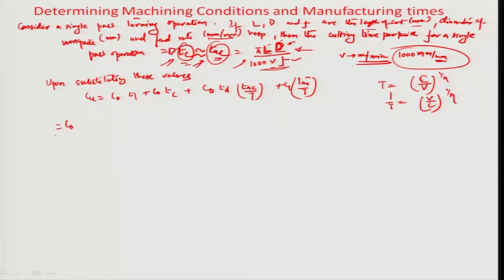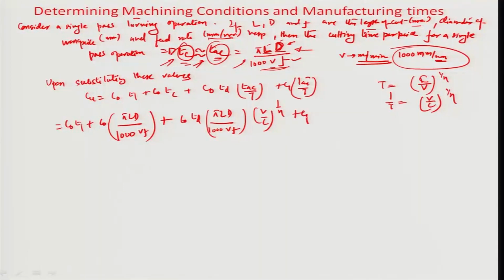So, we have C0 times T1 plus C0 Tc, which is pi L d by 1000 Vf, plus C0 Td, the time to change a cutting edge in minutes, times Tac, which is pi L d by 1000 Vf, times 1 by T, which is V by C to the power of 1 by n, plus C1 times Tac, which is pi L d by 1000 Vf, times V by C to the power of 1 by n, and so on.